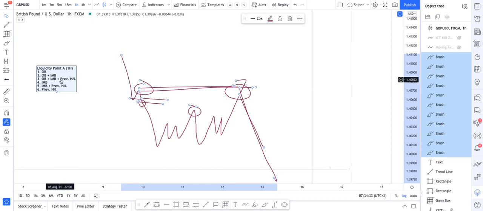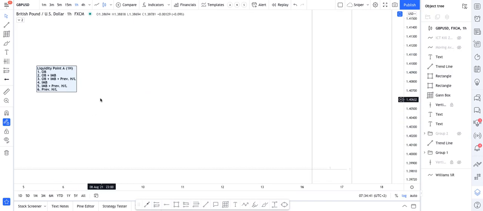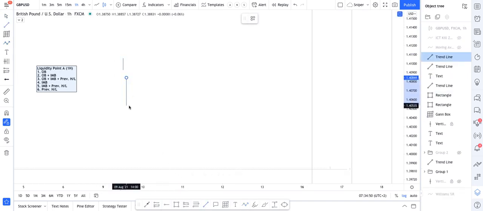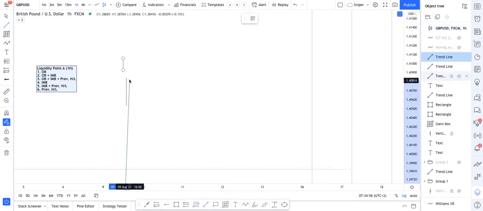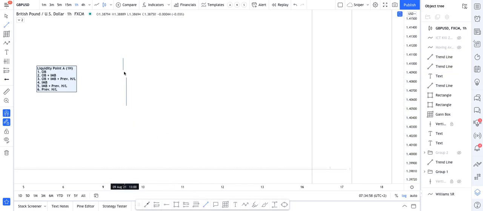Remember, there can also be just an order block and previous high and low. It doesn't have to be imbalance as well, but otherwise we're going to write a lot of things down. Then obviously we also have just the imbalance, where price creates imbalance, and we have it over there.